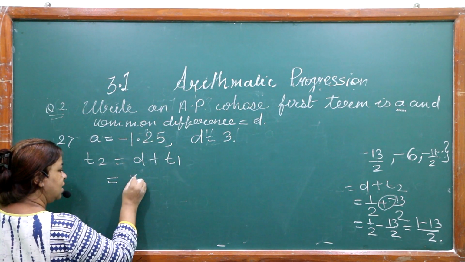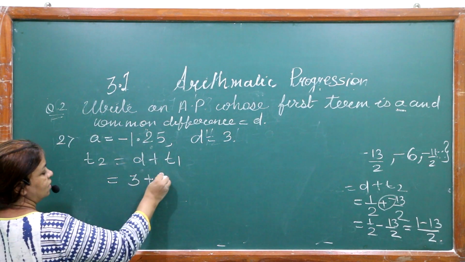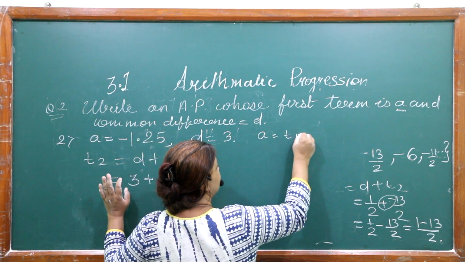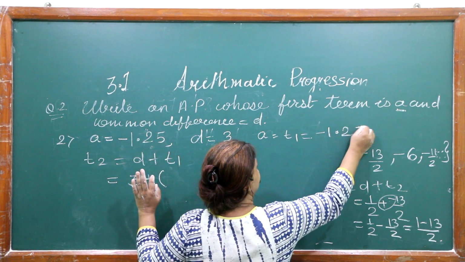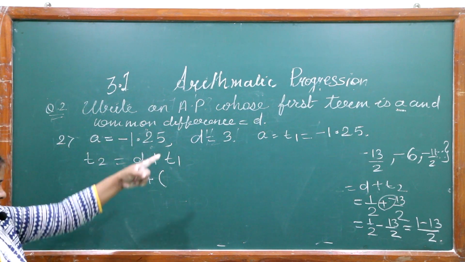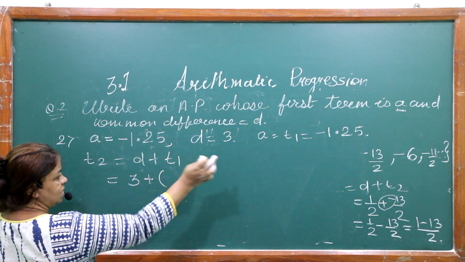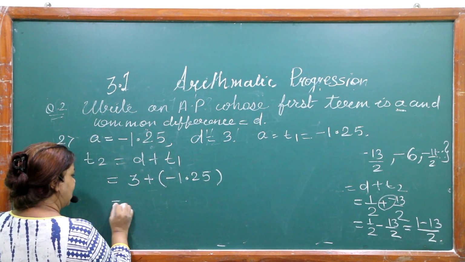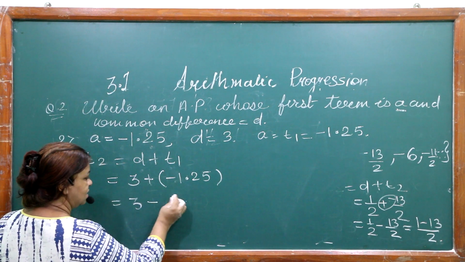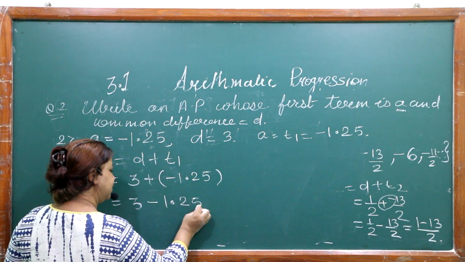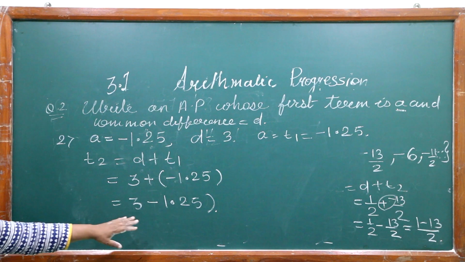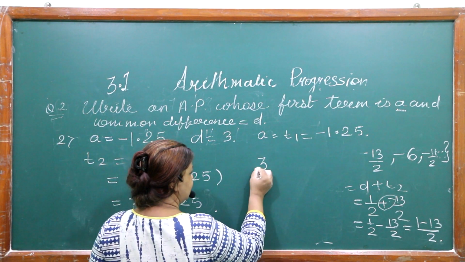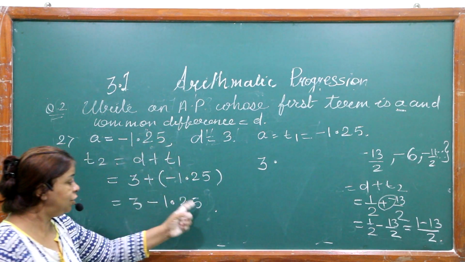D is 3 plus, in brackets, T1 is minus 1.25. A is equal to term 1, which is minus 1.25. Never forget the first term. So the first term is minus 1.25 and we have here 3 plus minus minus 1.25. Now when I want to subtract, this is very important. Previously also I said I want to subtract 1.25 from 3.